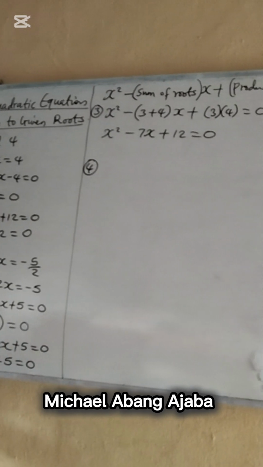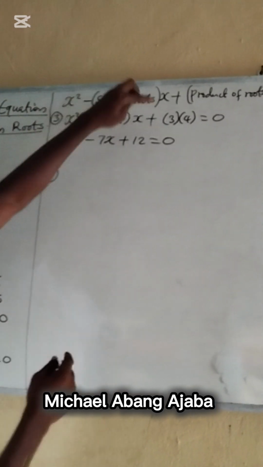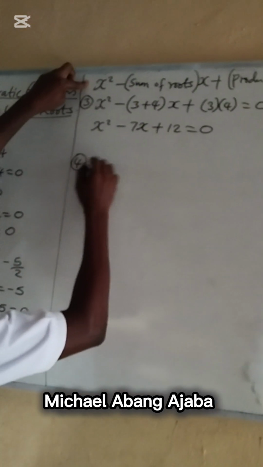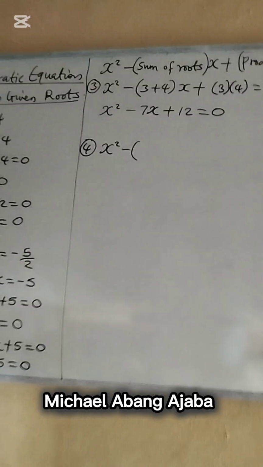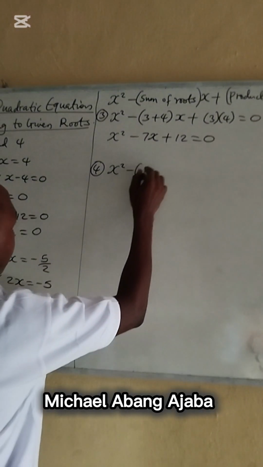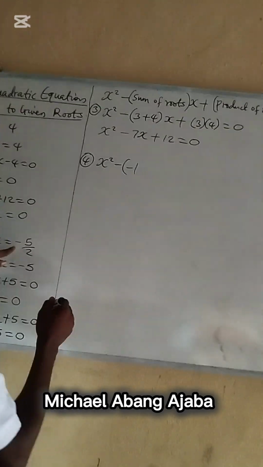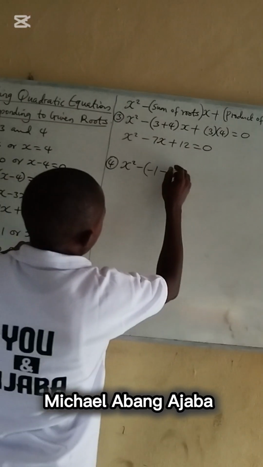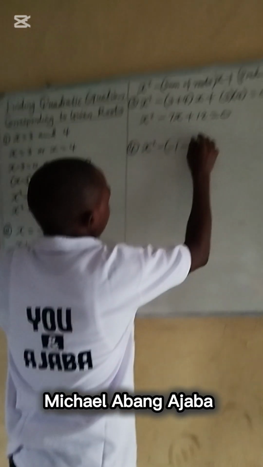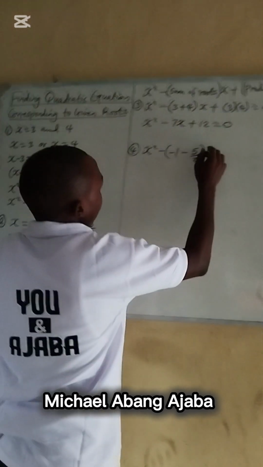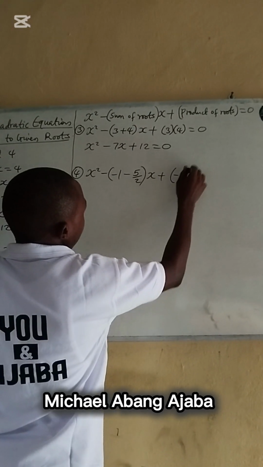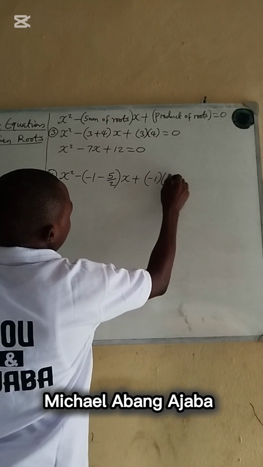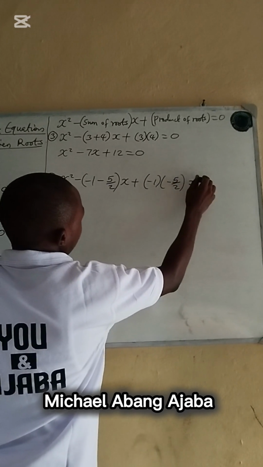How do we solve this? Still come back to the formula and write x squared minus, for sum of roots, we have minus 1 plus minus 5 over 2, which is simply minus 5 over 2, x plus product of roots, we have minus 1 times minus 5 over 2 equal to 0.